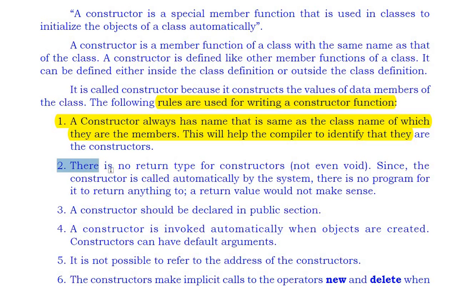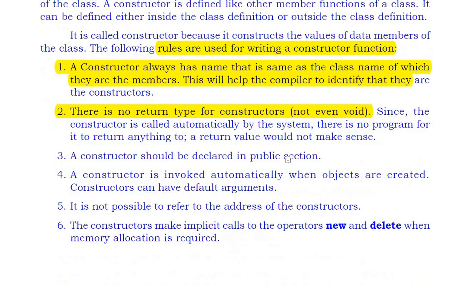Then second point, there is no return type for a constructor, not even void, because in every class when we are creating member functions we have to take some return type, but for creating a constructor a return type is not necessary. Without any return type constructors are created. Then third rule, a constructor should be declared in the public section only.